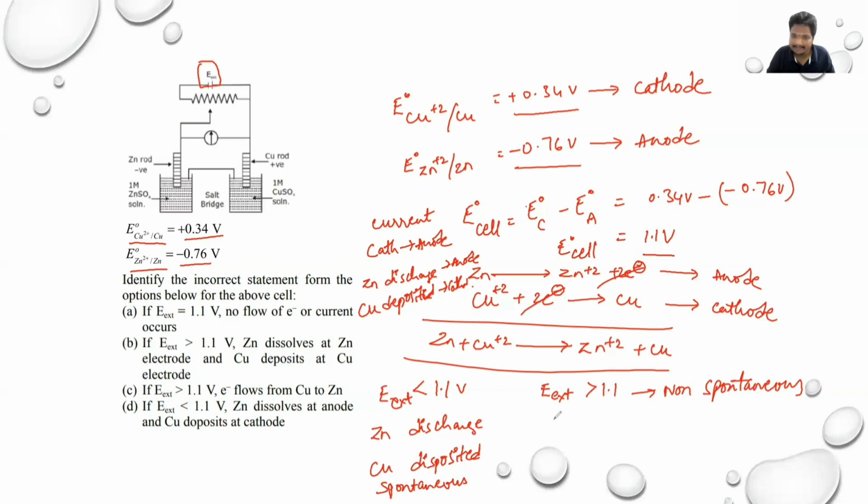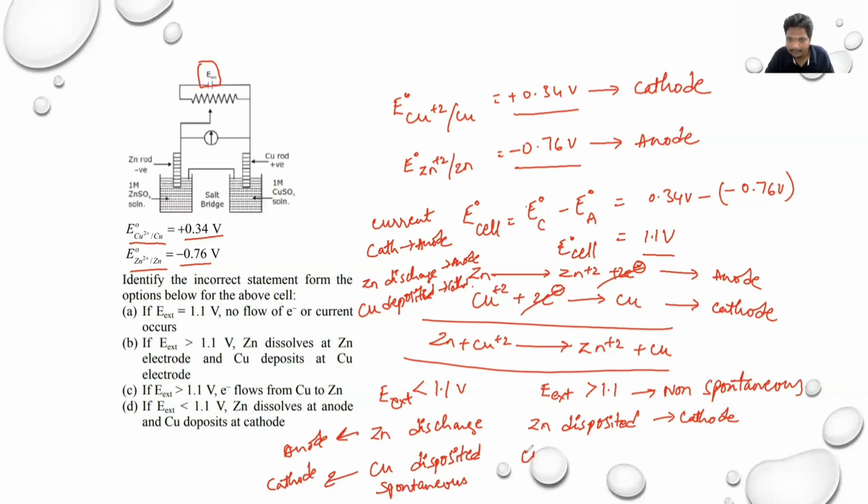In this case, zinc will be deposited, which means it will undergo reduction. It will act as a cathode. Here it is anode, here it is cathode.